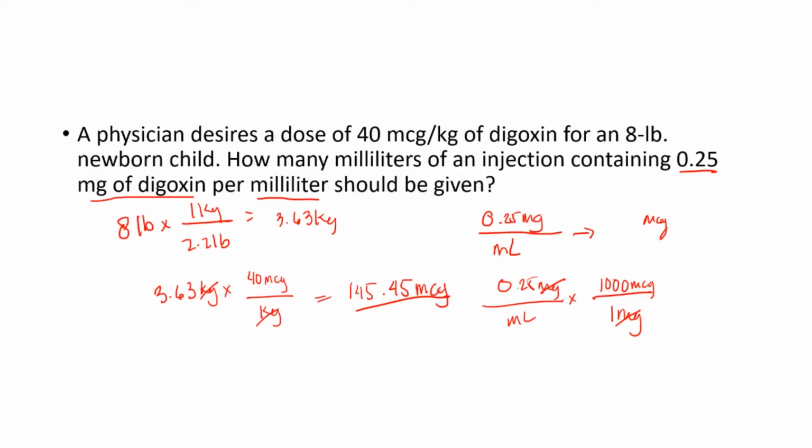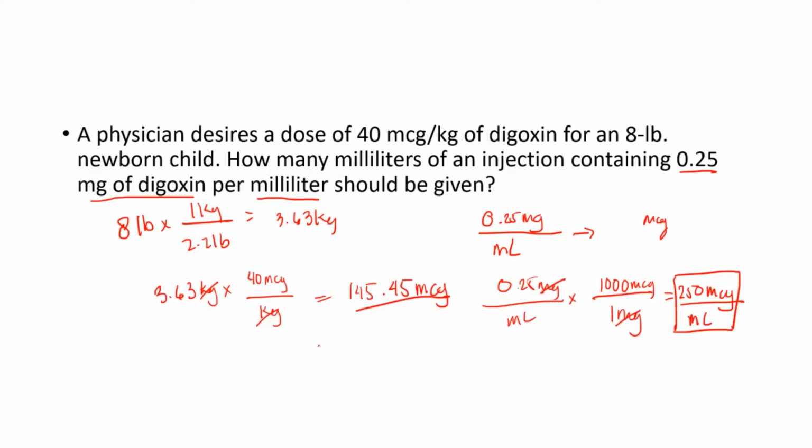0.25 times 1000. You have 250 micrograms per ml. So this is the usable strength you can use in your calculations.